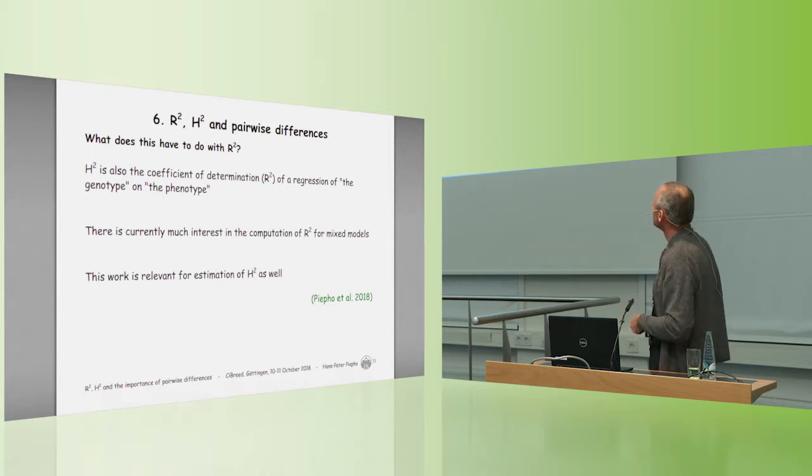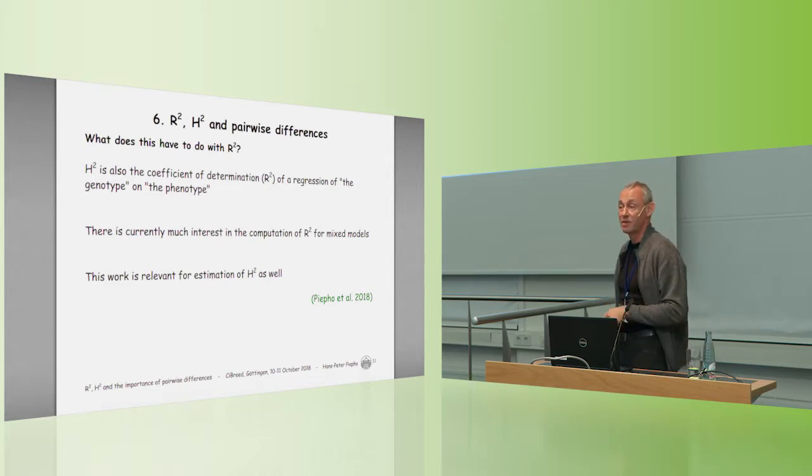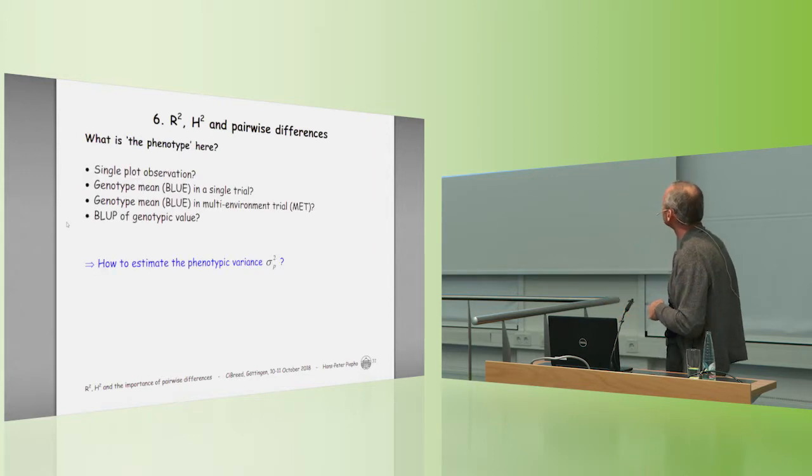And that has the interpretation of a coefficient of determination. There's a lot of interest in that, in computation of R² for mixed models in general, and people interested in heritability, it's good to follow that parallel literature.